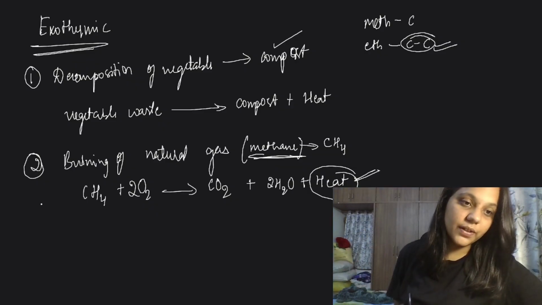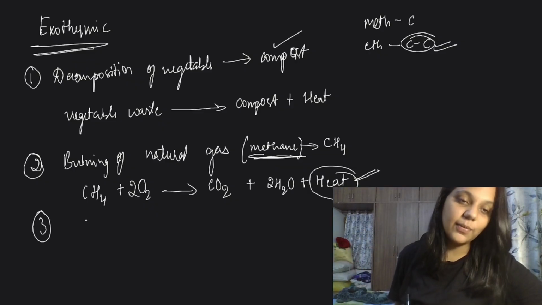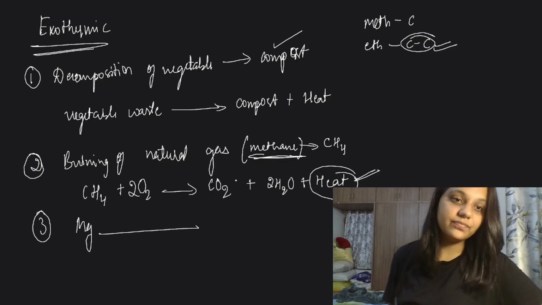And the famous example which we have been seeing is the same example of burning of the magnesium ribbon. That can also be written here. Okay? Fine. Now we need to understand a few more things. So I'll give two more examples. What we have learned in the first chapter, there are two reactions in the reaction of quicklime with water.